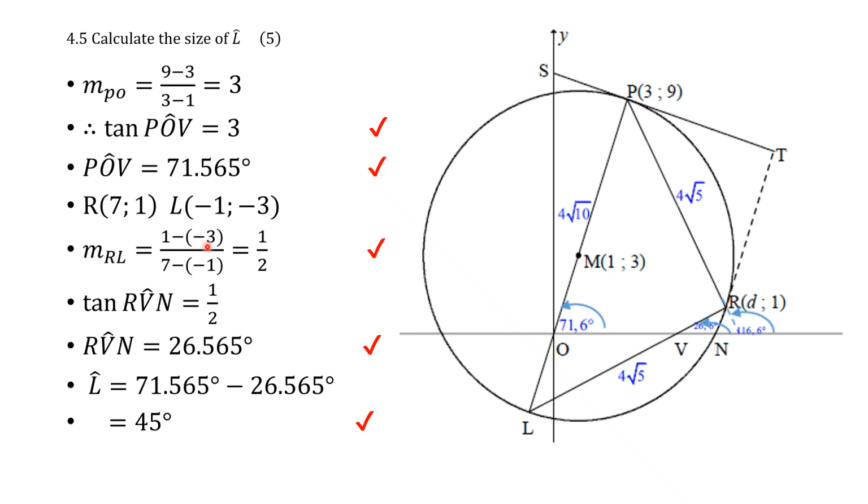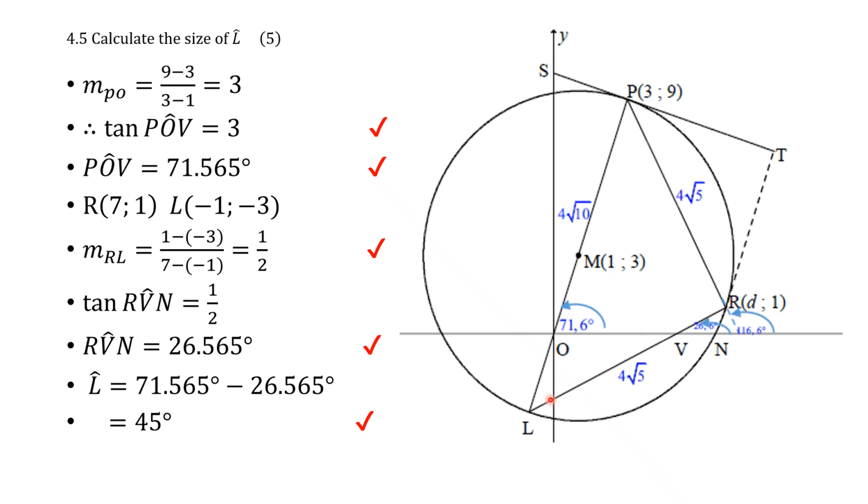So that gives me 1 plus 3, which is 4. 7 plus 1 is 8. 4 over 8 simplifies to half. So tan theta of that line equals half. Shift tan half gives me 26,565 or 26,6. Right, so this angle vertically opposite there would become 26,6.